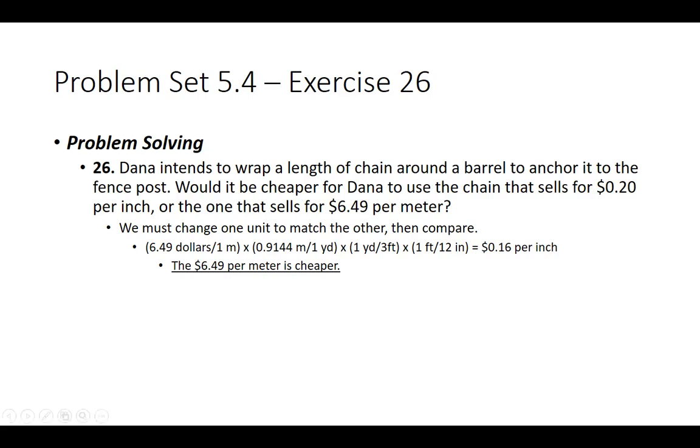In order to do that, we need to get from SI units to US customary units. So meters has to cancel. Meters is going to go on top. Yards has to go on the bottom because we have a meters to yards conversion.